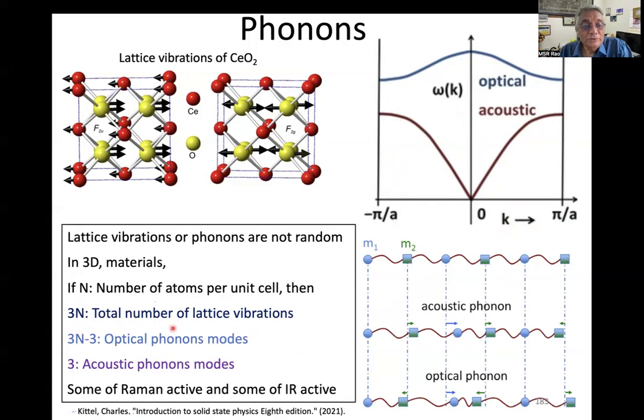So 3n total lattice vibrations: 3n minus 3 optical phonon modes, and 3 acoustic phonon modes. Some are Raman active, and some are infrared active. That shows the representation of acoustic phonons and optical phonons.